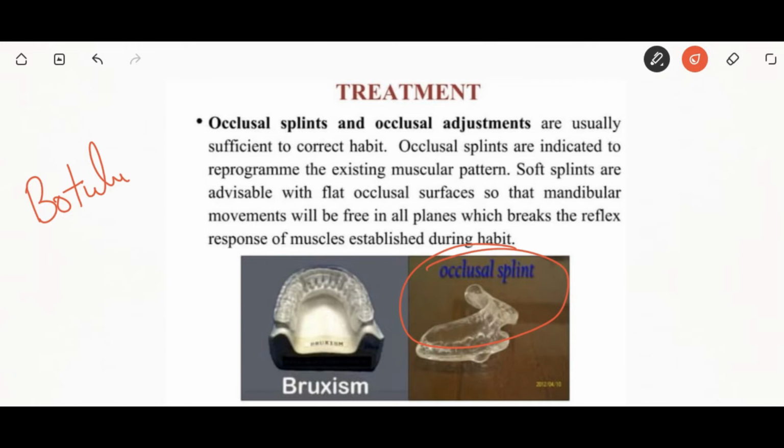Recently, it is seen that botulinum toxin, or Botox, has been successful in treating the grinding and clenching of bruxism. So you will inject the Botox toxin into the masseter muscle, which will weaken the muscle enough to stop the grinding and clenching activity. If the disease is left untreated, you will see severe periodontal and or TMJ disturbances.